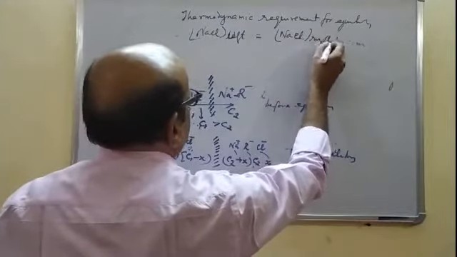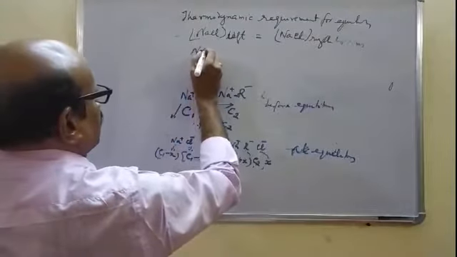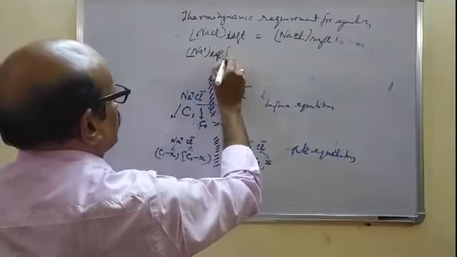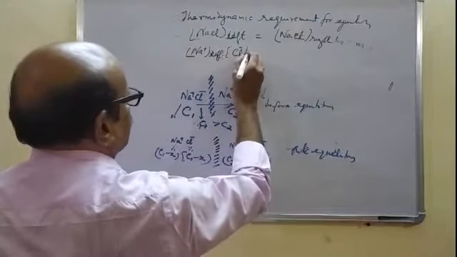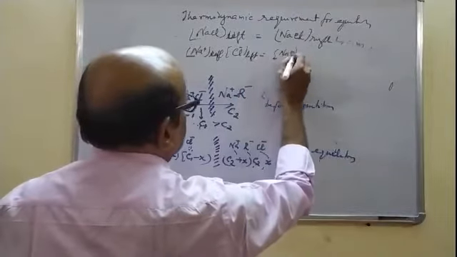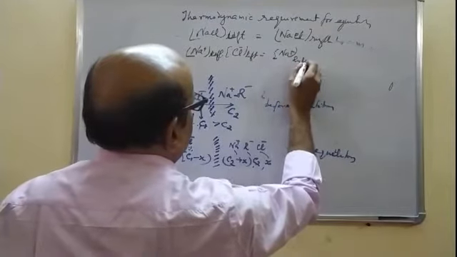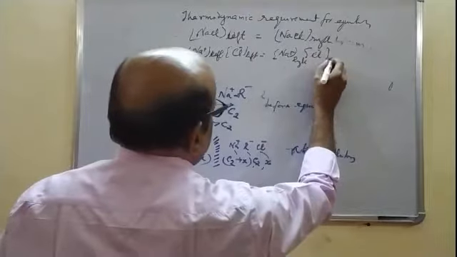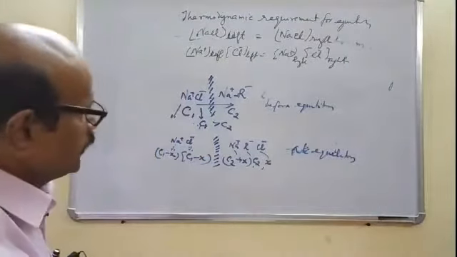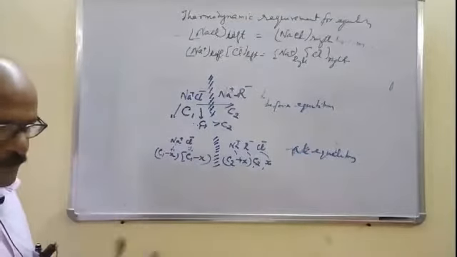That means concentration of Na plus left into concentration of Cl minus left should be equal to concentration of Na plus right into concentration of Cl minus right. This is the thermodynamic condition for the requirement of the equilibrium. Okay.